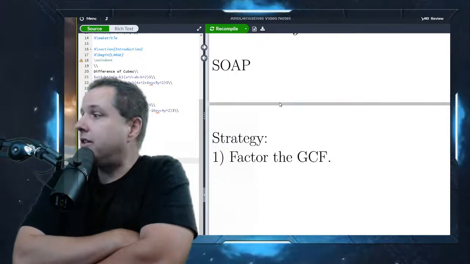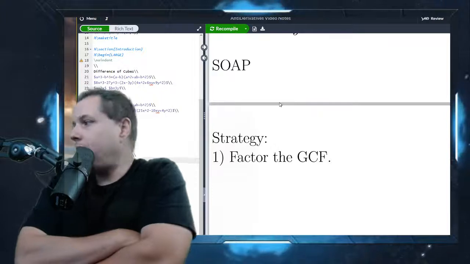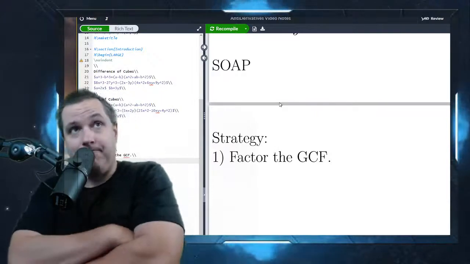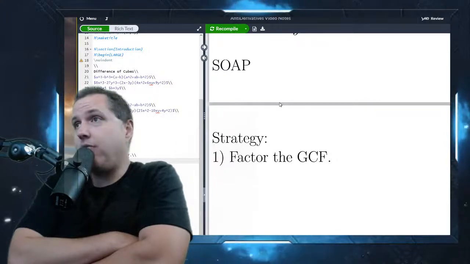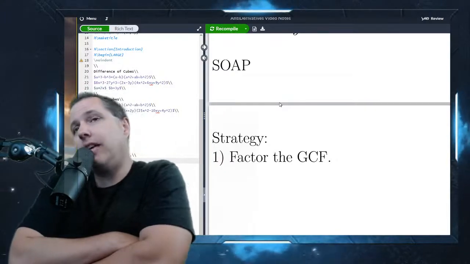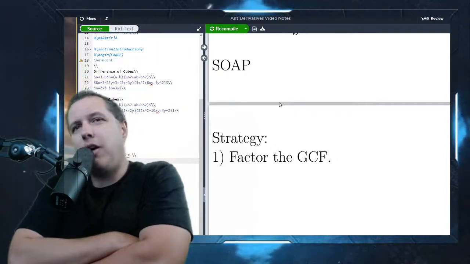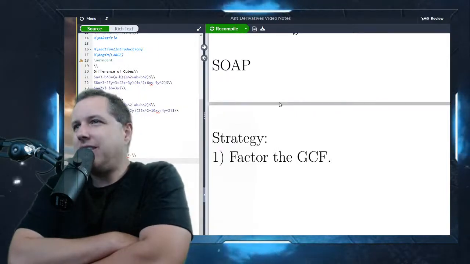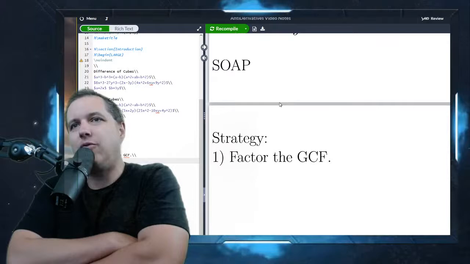Also, there are certain problems that literally you can't do until you factor out the greatest common factor. I think we're not going to have time for one, but just be aware of that. For instance, a lot of times in math classes, this is a real popular one. You'll look at a problem and you're like, I think that's supposed to be a difference of squares, but those numbers aren't squares, so I can't use the difference of squares formula.